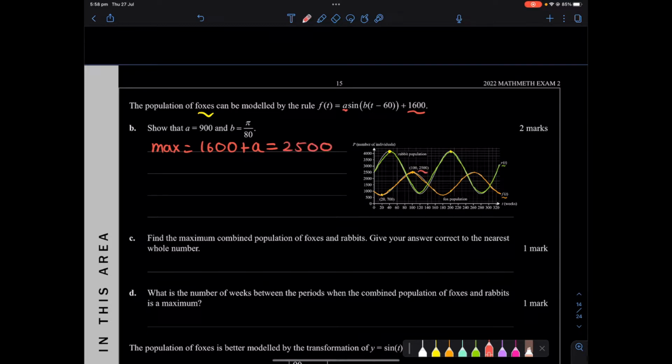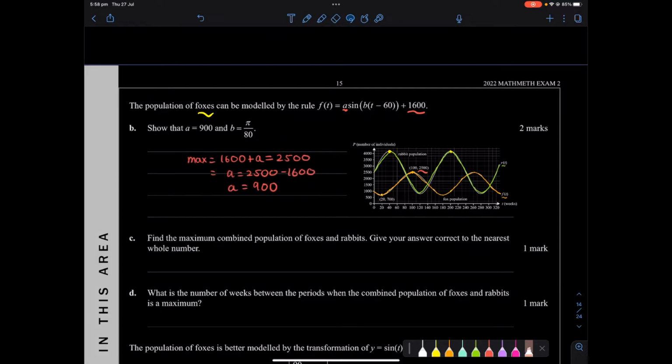So A is equal to 2,500 minus 1,600. So A is actually equal to 900. Here we got A equals 900. I don't know why I did not get the other one right. Did I do something wrong? Let me just put that over here.